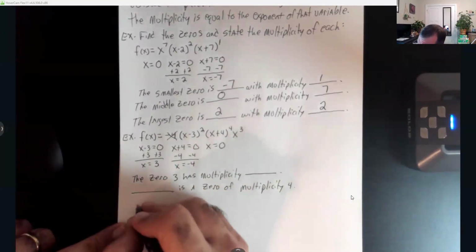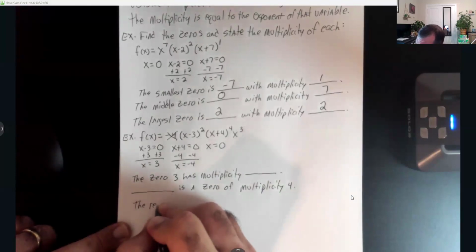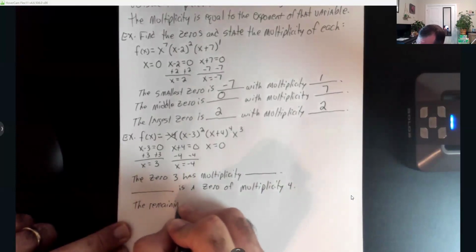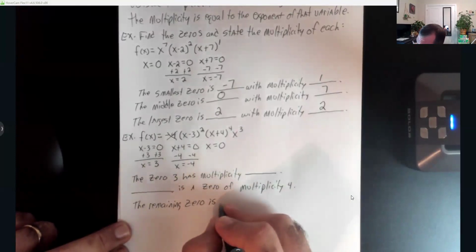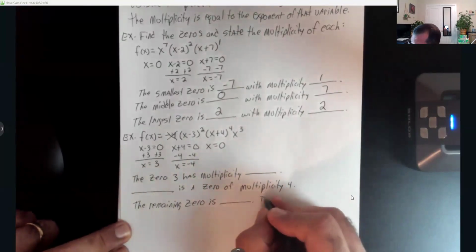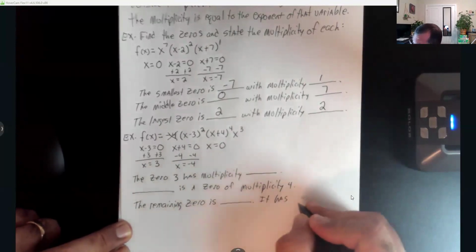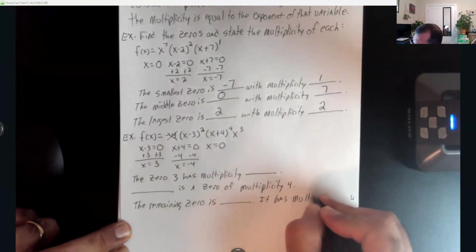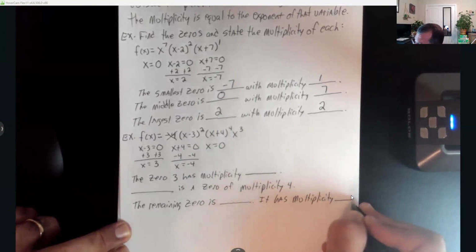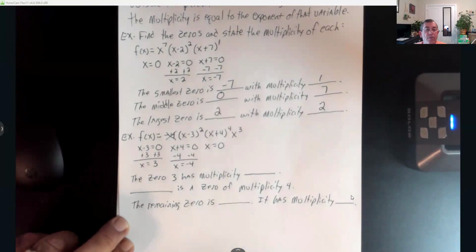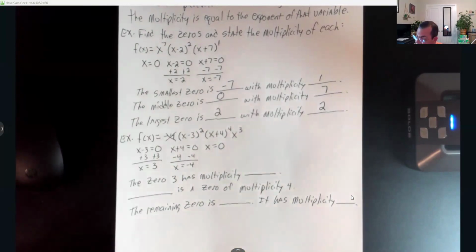And then finally they say the remaining 0 is blank. It has multiplicity blank. So I need you to help me fill this in.